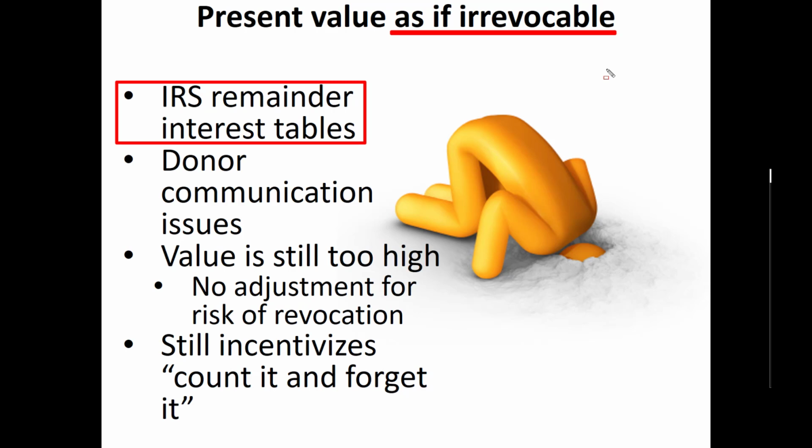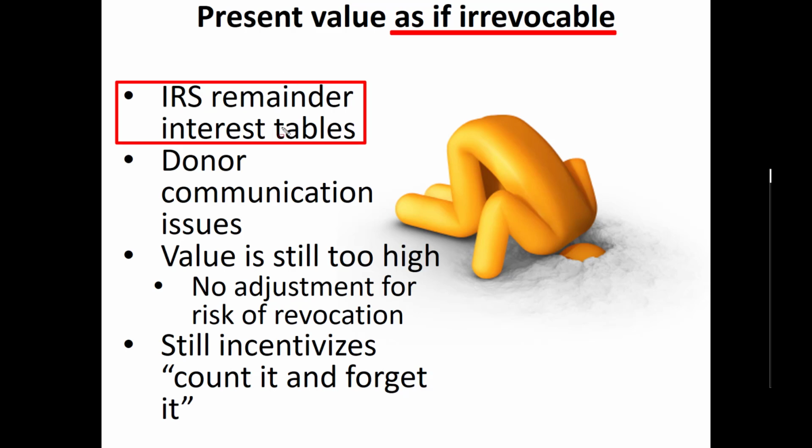It actually tells us the real life, no kidding difference between getting a gift of $1,000 that will come at the end of a life of somebody who's 35 versus the $1,000 that will come at the end of a life of somebody who's 95. Okay, so this is the first measurement we've gotten that actually incorporates time value of money, because these remainder interest tables, they're based upon the time value of money and also life expectancy.